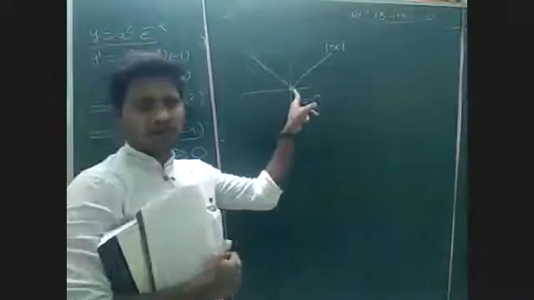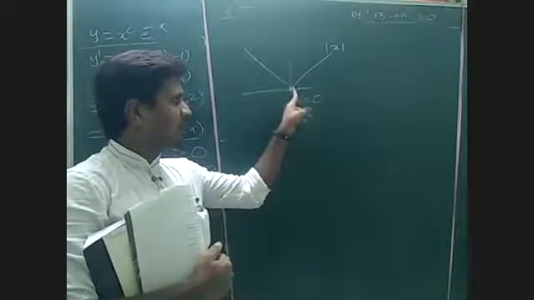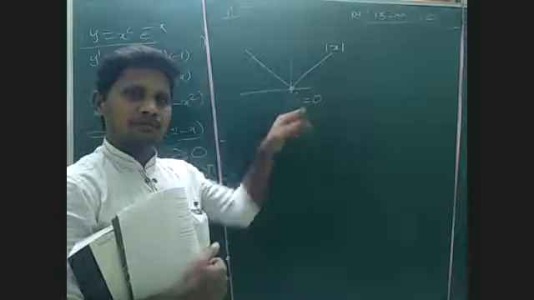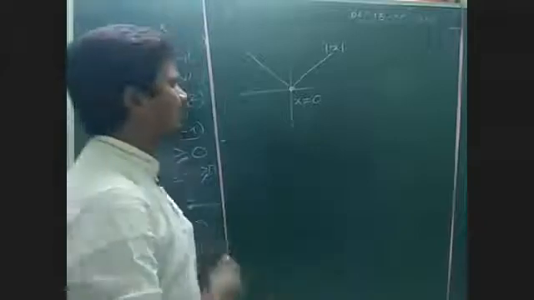I said why? This point is called the sharp point. I said that at each and every sharp point it is not differentiable. Why? Because of the reason at this point.